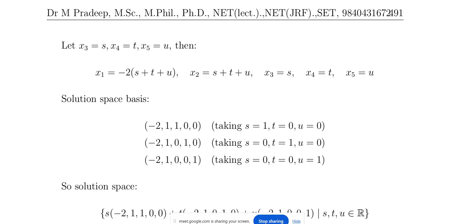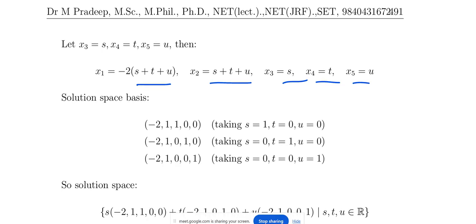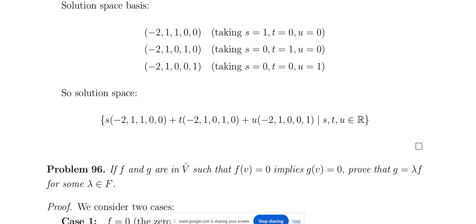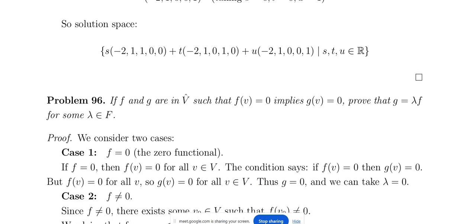So the solution space has basis minus 2 into x2, x3, x4, x5. So minus 2 into 1 1 1, that is s equal to 1, t equal to 0, u equal to 0. So the solution space can be expressed like this, since the dimension is 3.